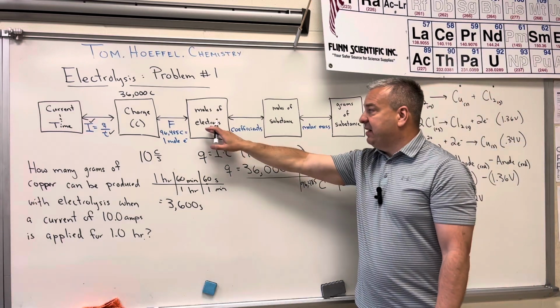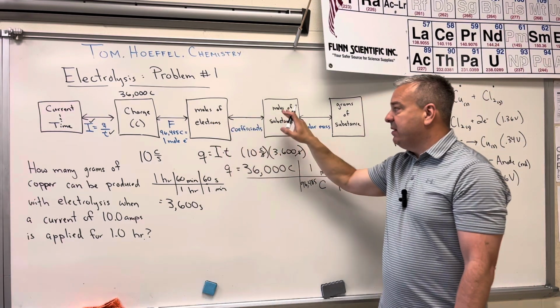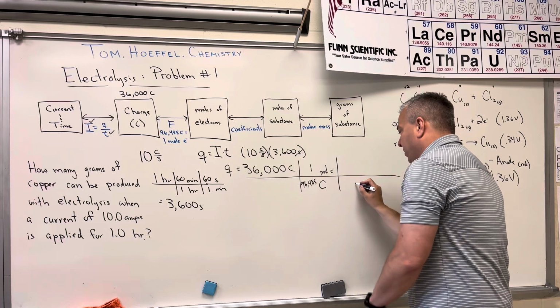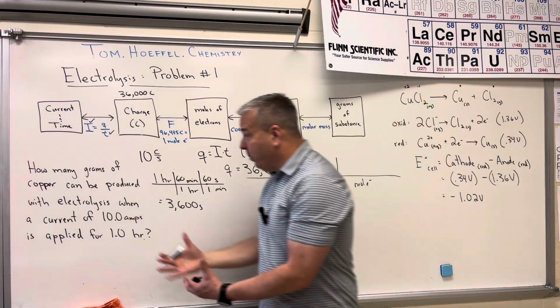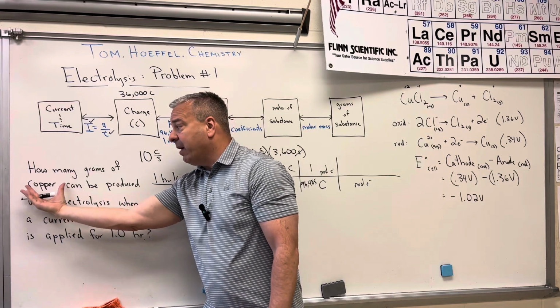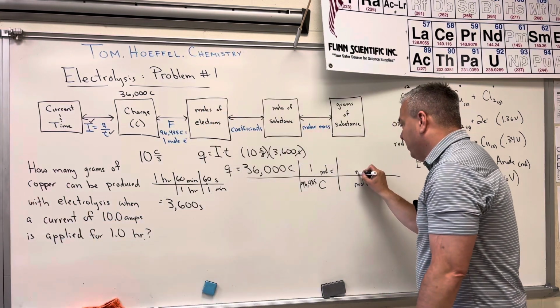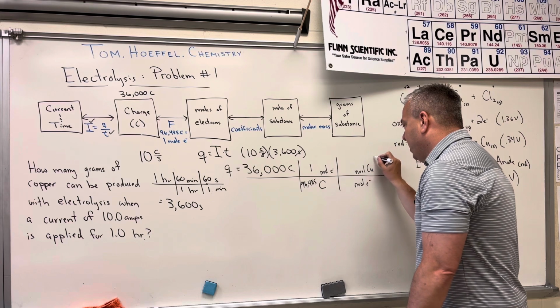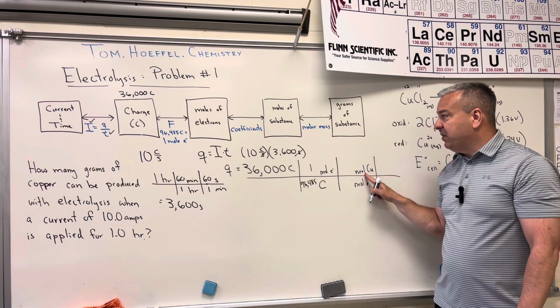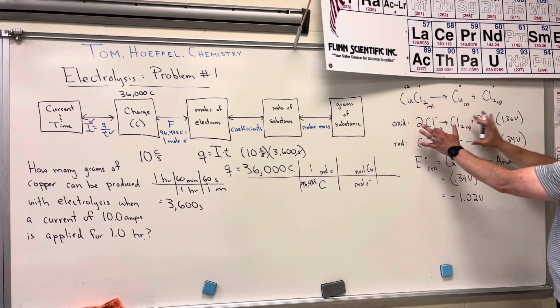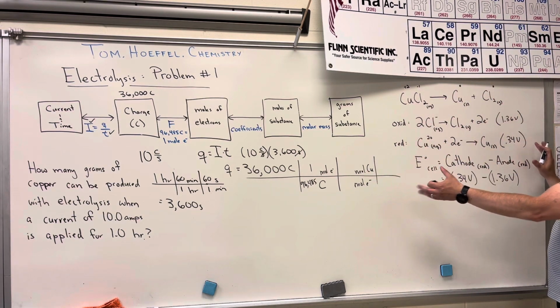The next step is to go from moles of electrons to moles of the substance. What substance? The substance that I want to know about is copper. So I need to find a chemical equation that has moles of electrons to moles of copper, and that's going to be in these oxidation reduction reactions.